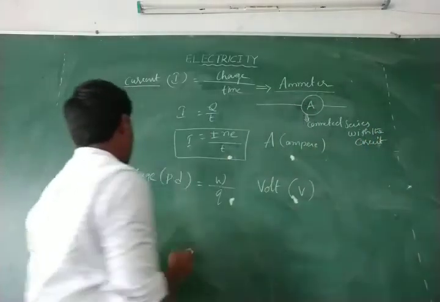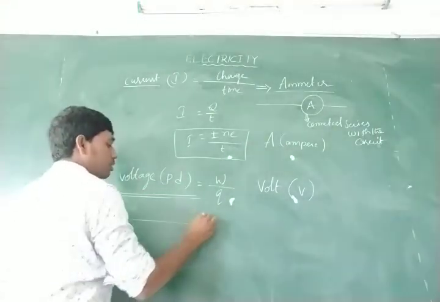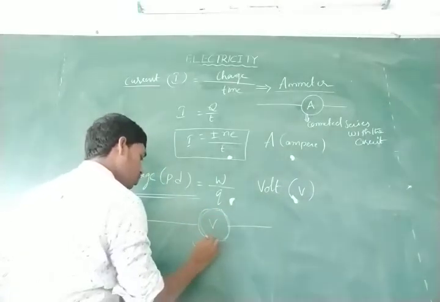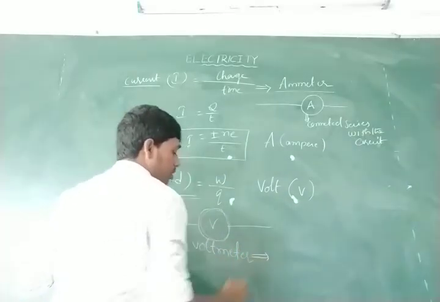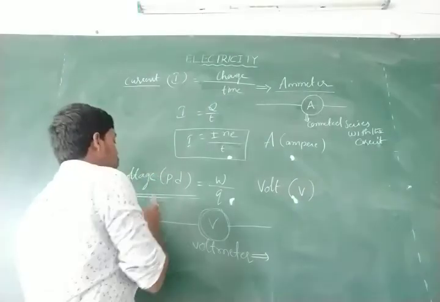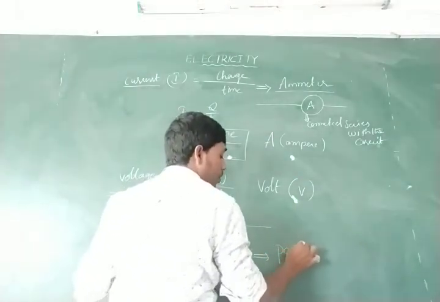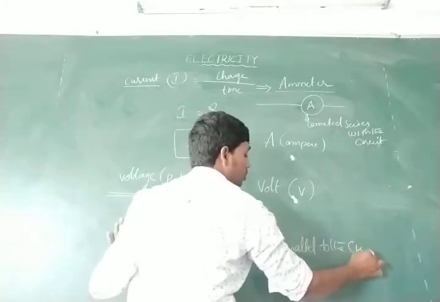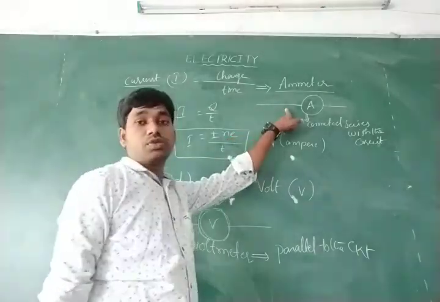And to measure the voltage or potential difference, we use a device called a voltmeter, because it is always used to measure the voltage, and it is connected in parallel to the circuit.